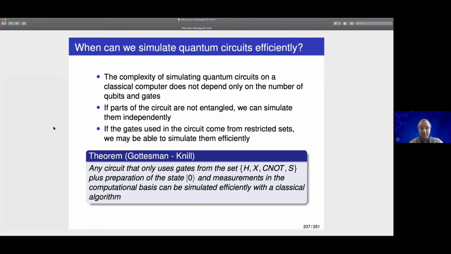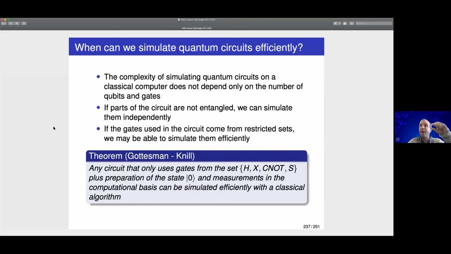For instance, one situation in which you can do that is if you have a lot of qubits, but only blocks of them are entangled with each other. So imagine that you have 5,000 qubits, but the qubits are only entangled one with another.